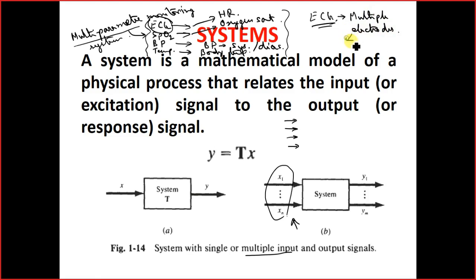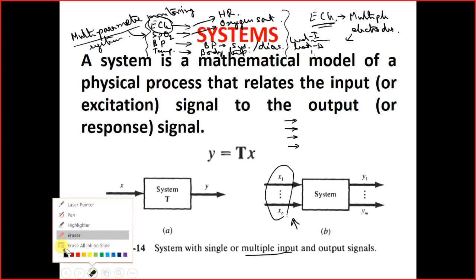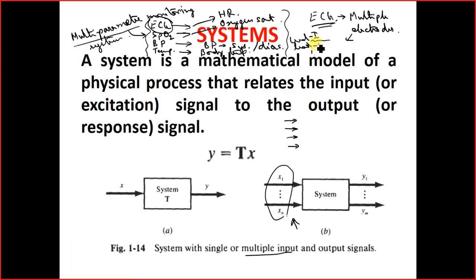And in the output, we get several curves, say lead 1 curve, lead 2, and so on. So there are various lead signals.